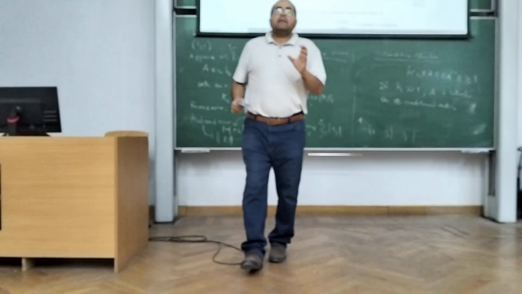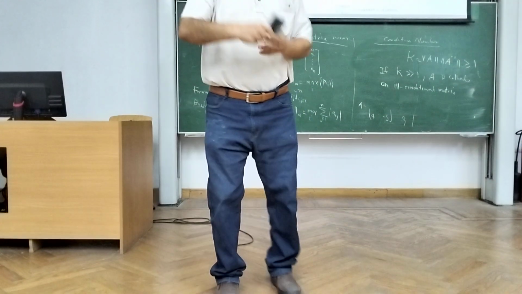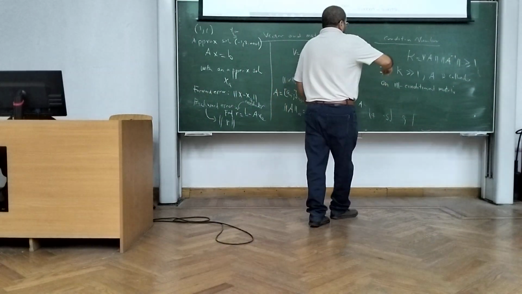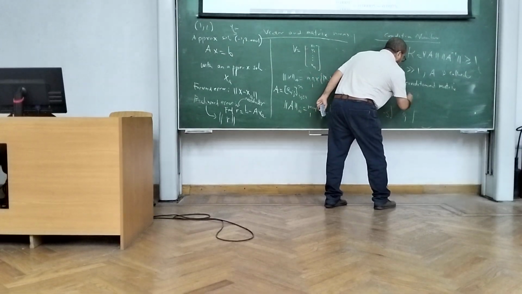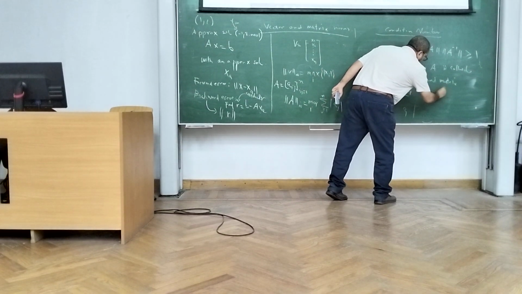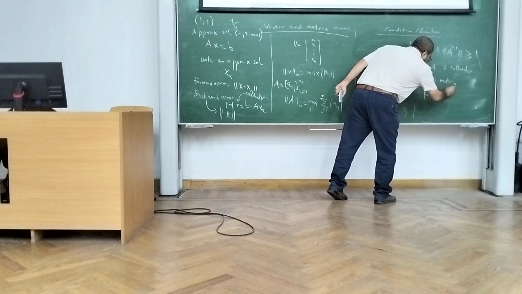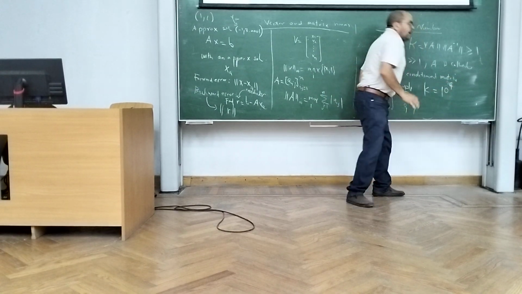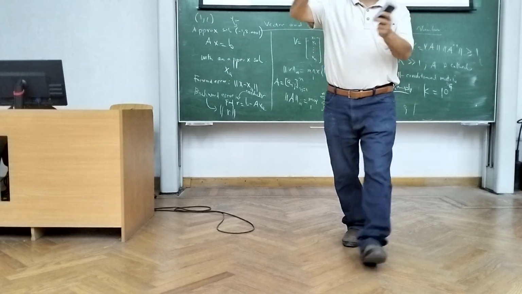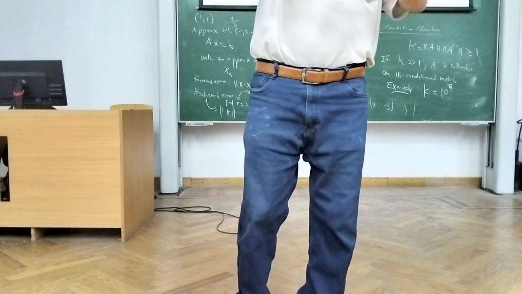Suppose your kappa, or the K here, is, let's say, 10 to the 6, for instance, a big number, like 10 to the 9, whatever. And suppose you're running some approximate method to solve your system, such as Gauss elimination.